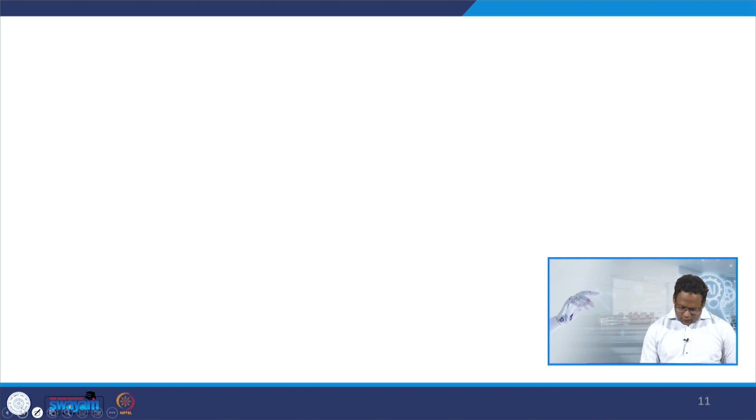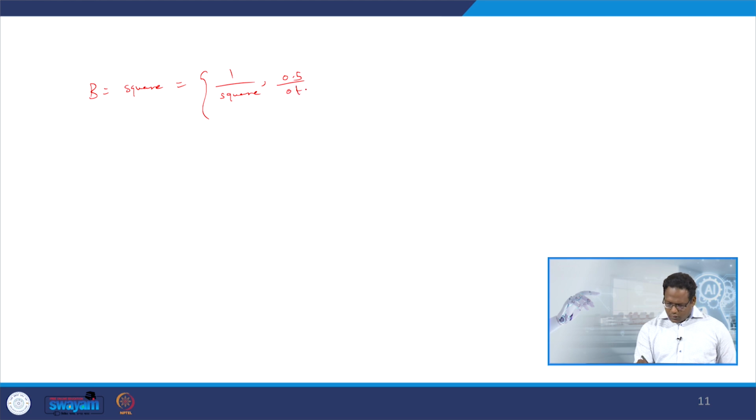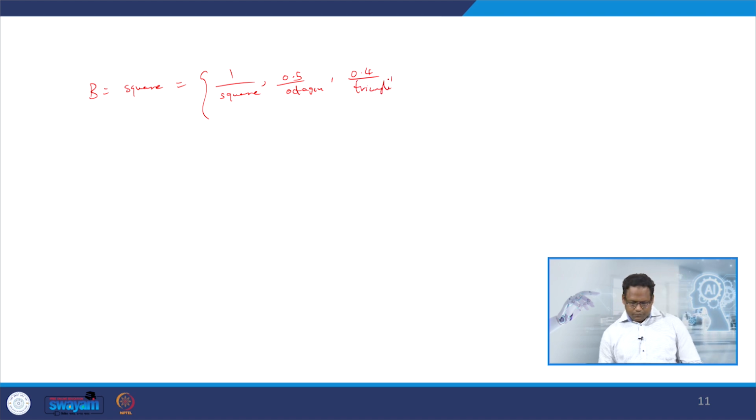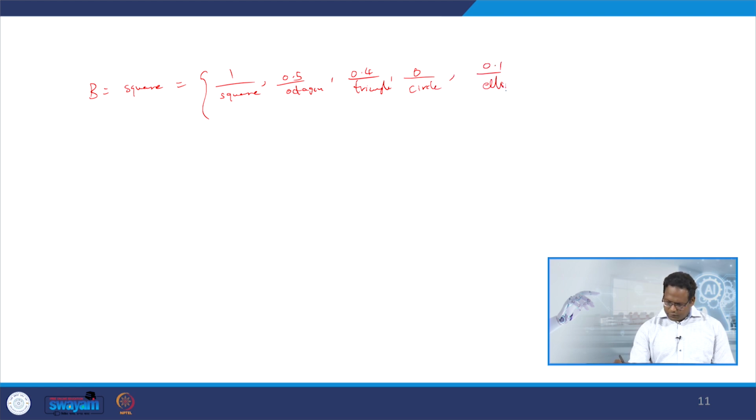Okay, likewise, we have the fuzzy set called square, which has the value 1 for square, 0.5 for octagon and 0.4 for triangle and 0 for circle and 0.1 for ellipse. Okay, so these are the 2 sets defined now.